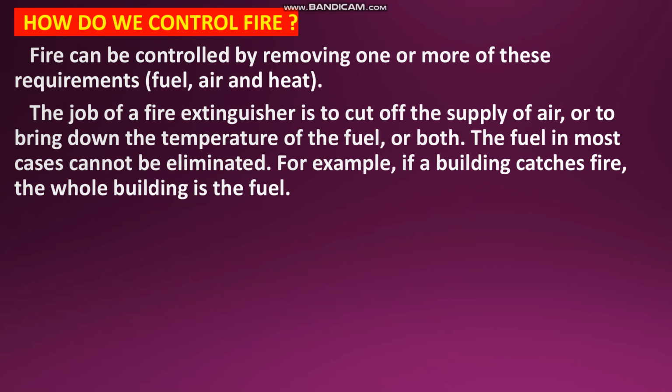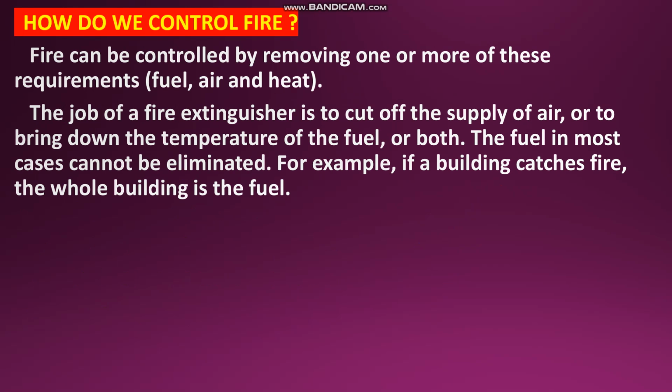Now let us see, can we control the fire? Fire can be controlled by removing one or more of these requirements. Which are the requirements? Fuel, air and heat. So if anything catches fire, we try to extinguish it. So how does a fire extinguisher control the fire?